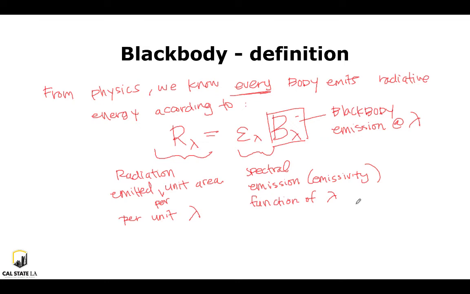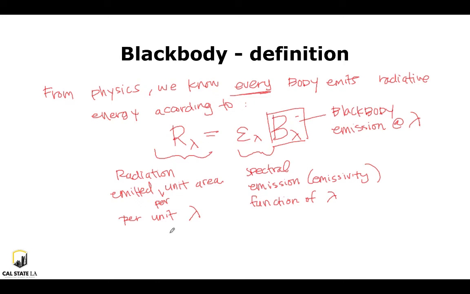Okay, so the units for R at lambda as well as B at lambda are radiative energy emitted per unit area.